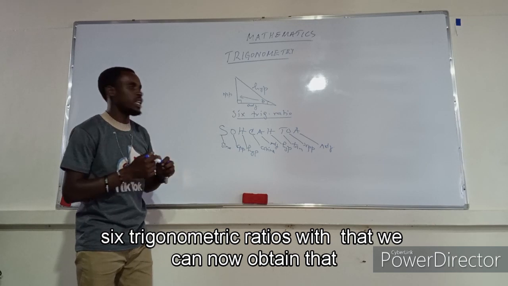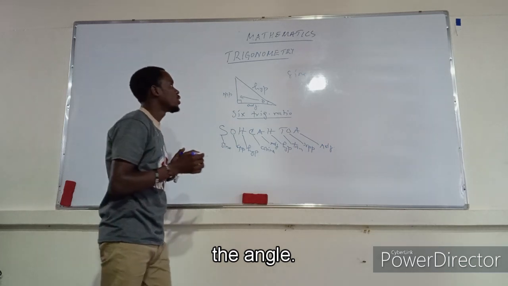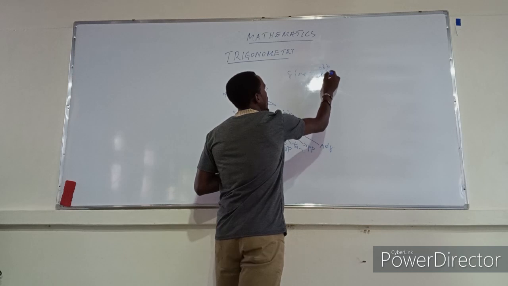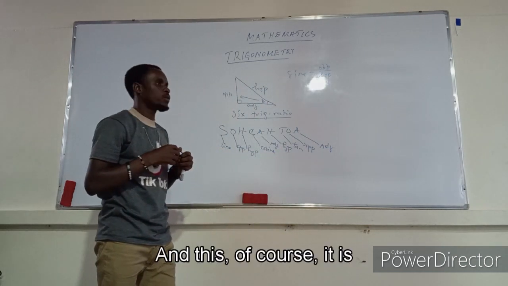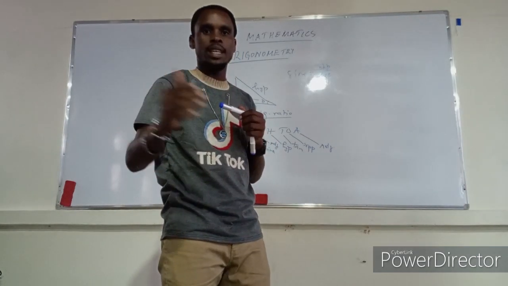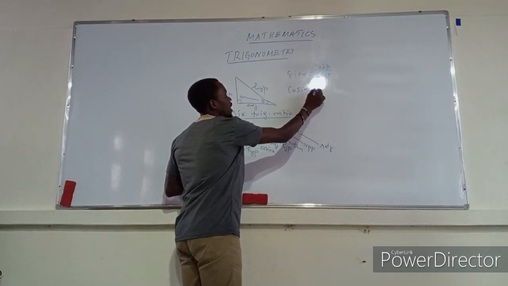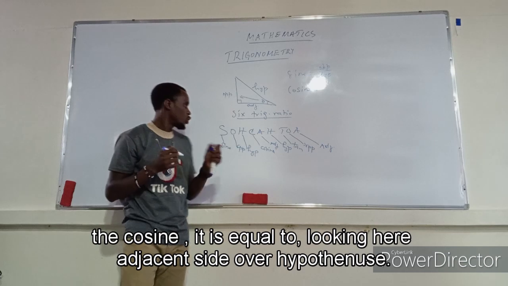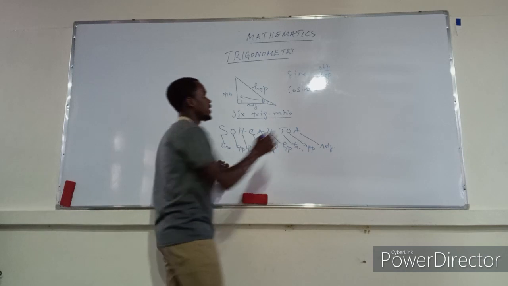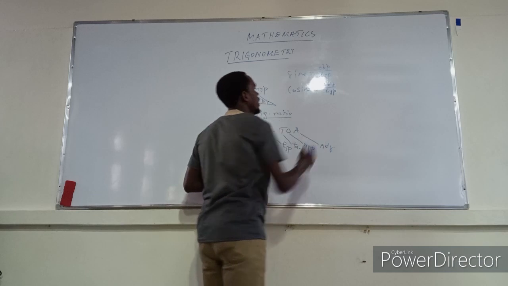With that, we can now obtain that the sine of the angle is equal to the opposite side over the hypotenuse. And this is the way we can obtain the sine of the angle. Again, the cosine is equal to the adjacent side over the hypotenuse.